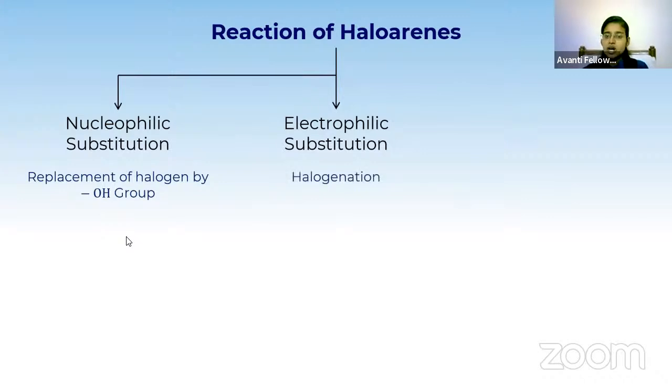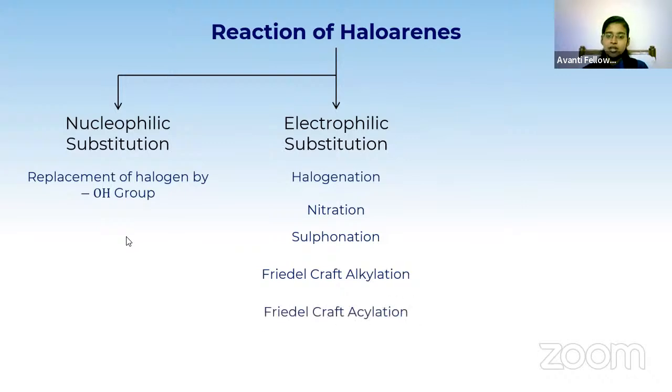The first is halogenation, the second is nitration, the third is sulfonation, the fourth is Friedel-Crafts alkylation, and the fifth is Friedel-Crafts acylation reaction. These are the 5 very important reactions of haloarenes.